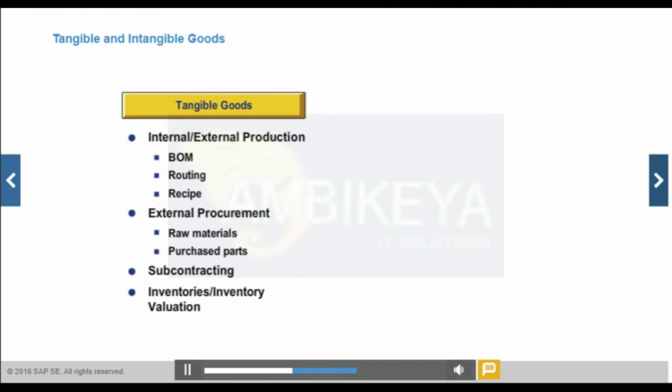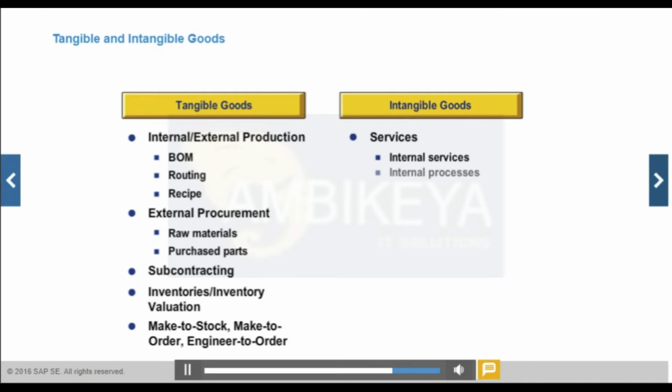Product cost estimates for tangible goods can be used for inventory valuation and comparison purposes in cost object controlling. Product cost planning is based on various production strategies. The main production strategies are as follows. Make-to-stock production. Make-to-stock production tries to match production with forecasted consumer demand. Make-to-order production. Make-to-order production allows consumers to purchase products that are customized to their specifications.